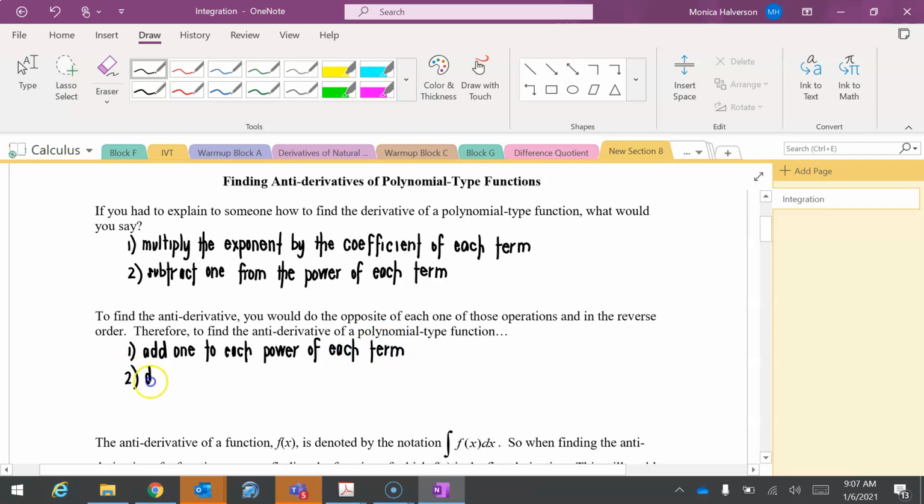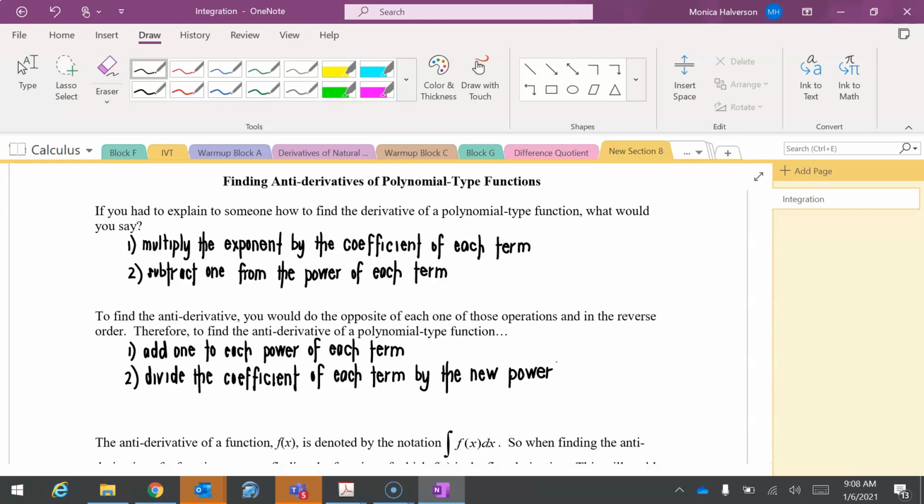And then we're going to divide the coefficient of each term by the new power. So instead of multiply, subtract, as what we did with differentiation, we add and then divide.